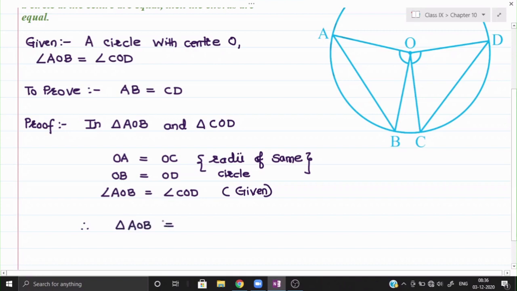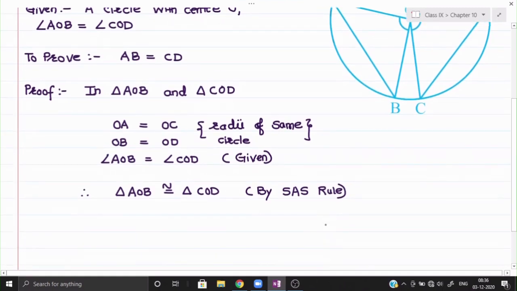is congruent to triangle COD, that is with the help of side angle side congruency theorem. Okay.